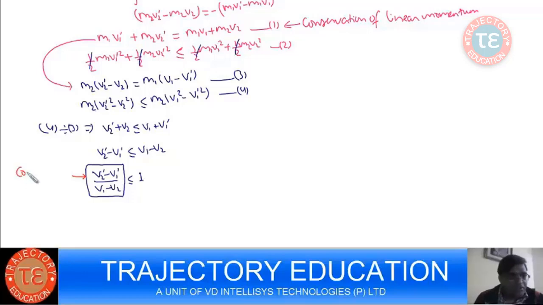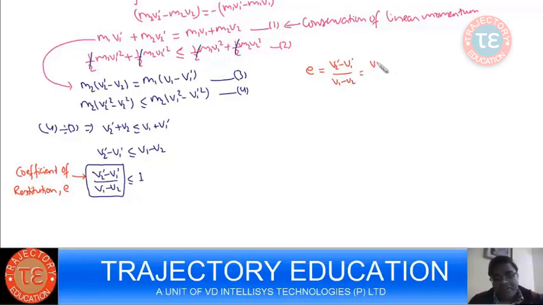So this ratio is called coefficient of restitution. This ratio is called coefficient of restitution, which is denoted by E. So we write coefficient of restitution E as (V2 dash minus V1 dash) over (V1 minus V2).